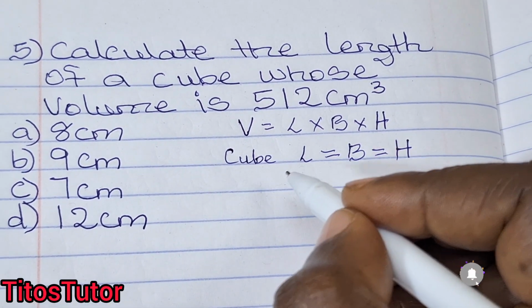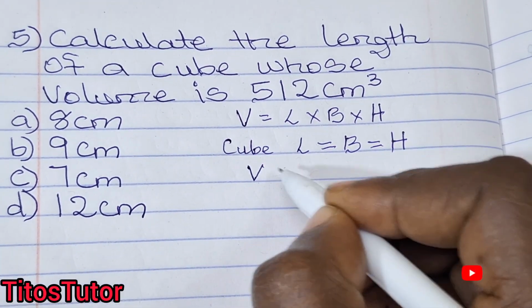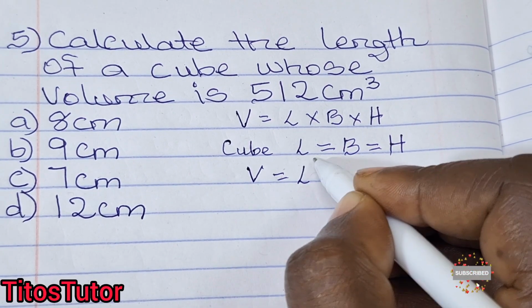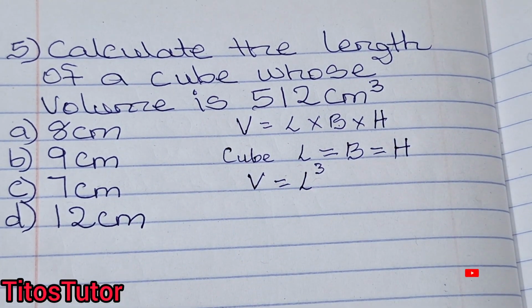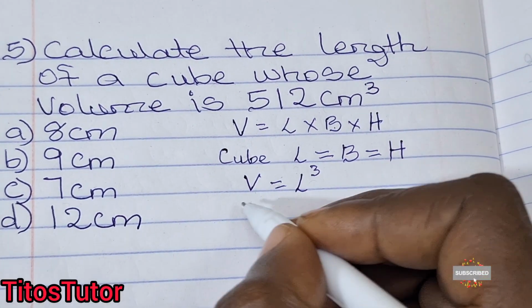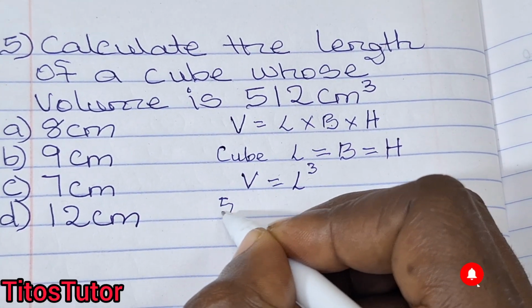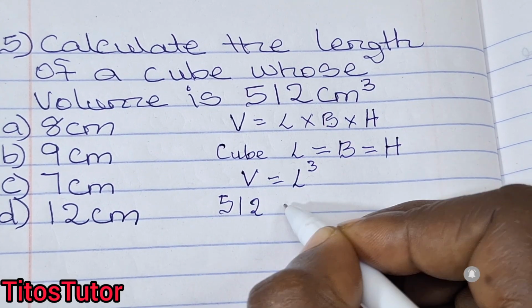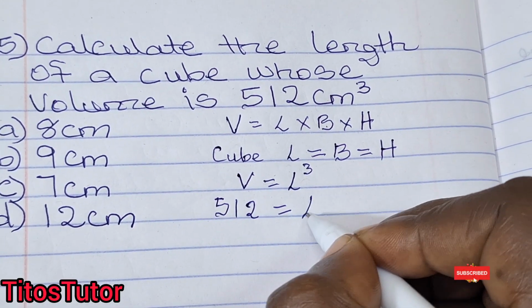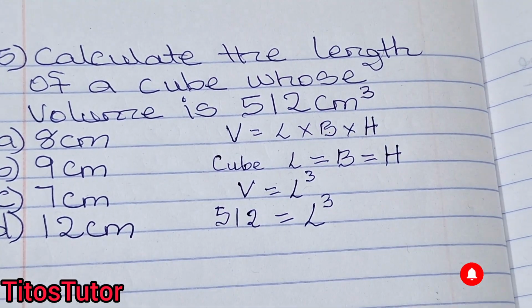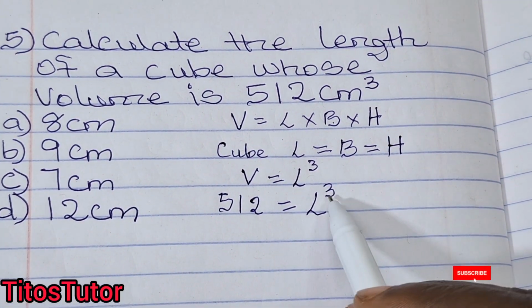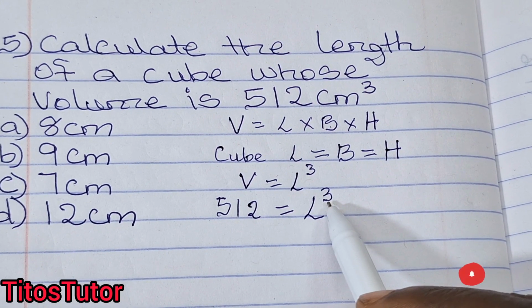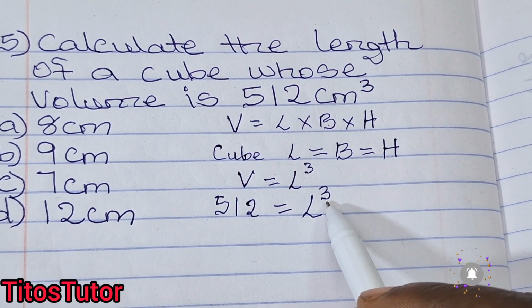So you just see V is equal to L raised to the power of 3, because these are the same. So we have volume given as 512 is equal to length raised to the power of 3. How do I get my length? It's raised to the power of 3. The only thing that can cancel a power of 3 is a cube root.